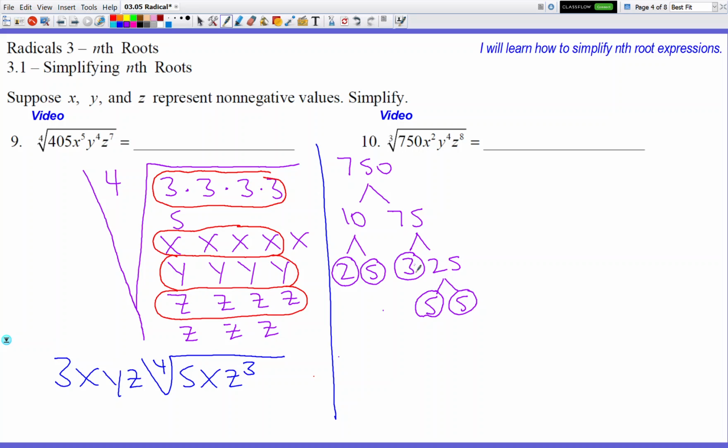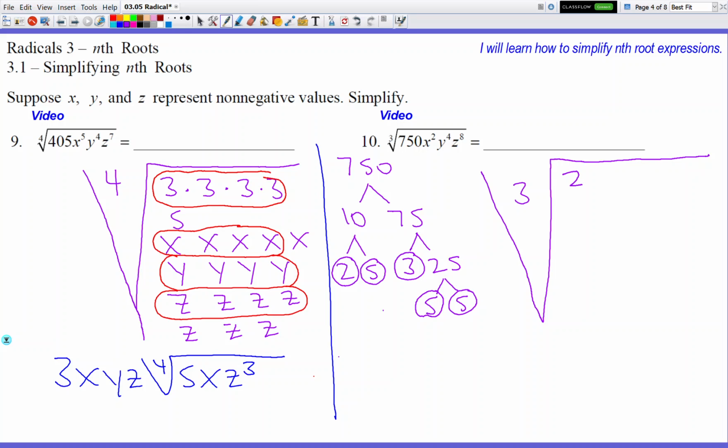So therefore I put it as 3 and 25, and 25 is 5 and 5. But eventually, like I said, you're going to get better with your numbers, and you're going to be able to break things up in your head a lot easier. Okay? And if it never happens, then don't worry. Some will happen, some won't. Eventually it will, if you keep on practicing.